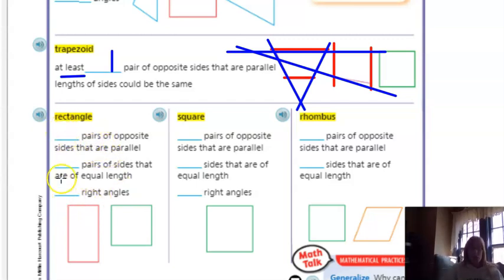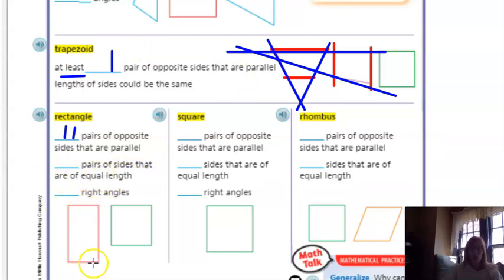All right, so we have rectangles. Let's look at the rectangles. Blank pairs of opposite sides that are parallel. There's one set, and there's 2 sets. 2 pairs of opposite sides are parallel, so you're going to write 2. And then you have 2 pairs of sides that are of equal length.